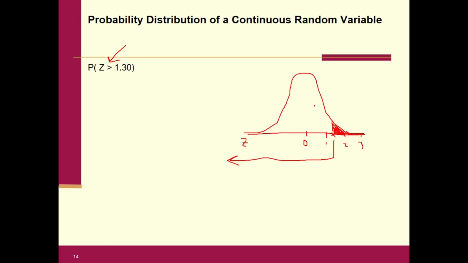All right? So what are we going to have to do? We're going to have to look up 1.30, see what this is, and then take 1 minus that. So if you do not have your calculator handy, maybe this would be a good time to have it out, and follow along, because we're going to be working with decimals here.